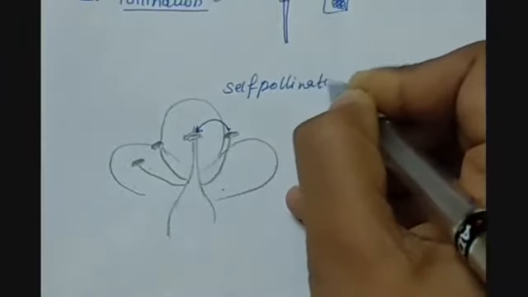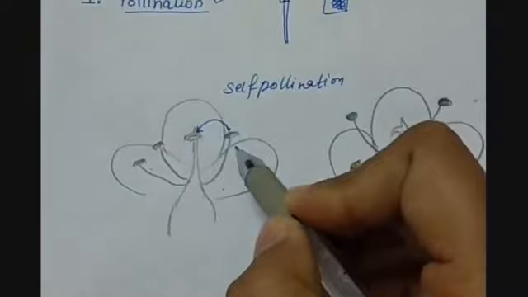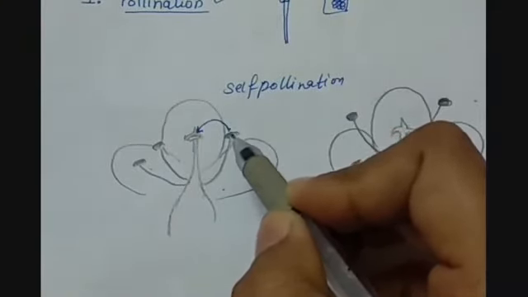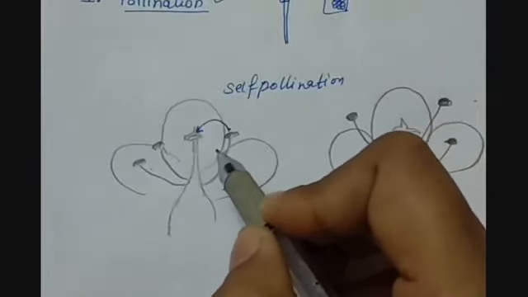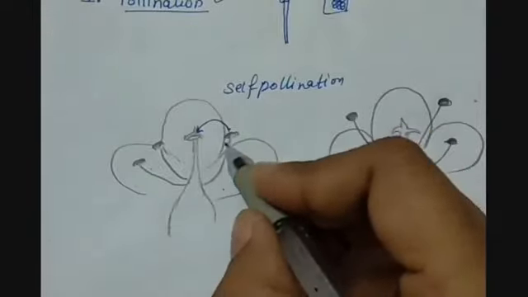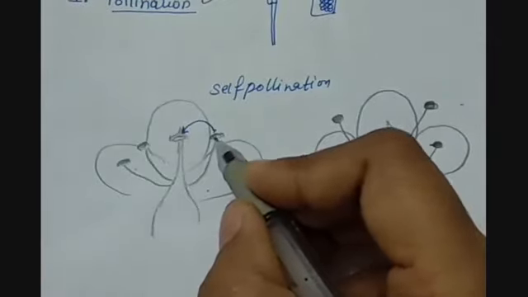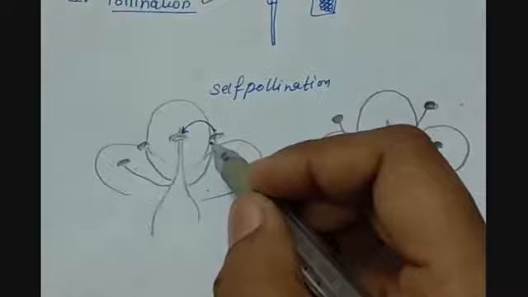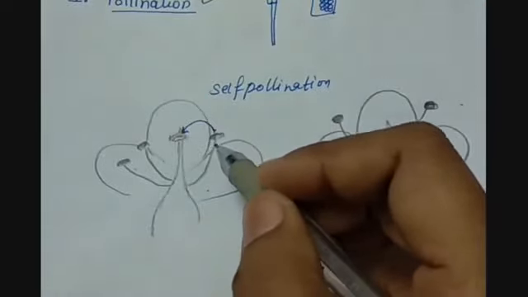Now there are possibilities that the pollen grains from one plant, because of the wind or the insects that sit on the petals of the flower, stick to the insects. If that insect goes to another flower, then that pollen grain will be transferred, and if it lands on the stigma, then pollination occurs.